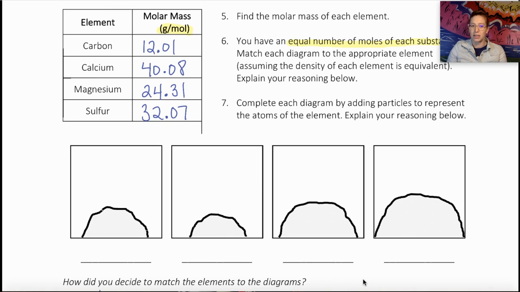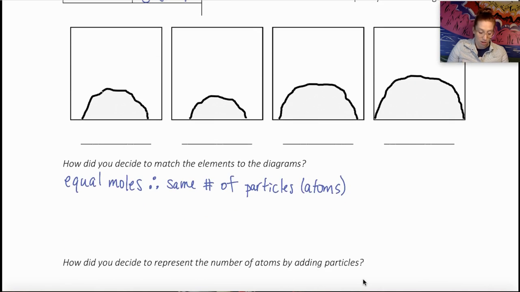Well, it would make sense that if the mass is greater, the atom itself is going to be larger to accommodate that, and that's going to be true. So the larger the molar mass, the larger the particle.